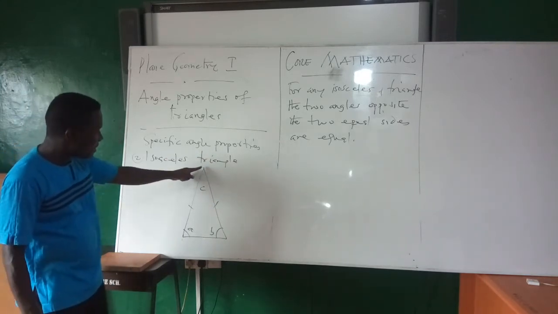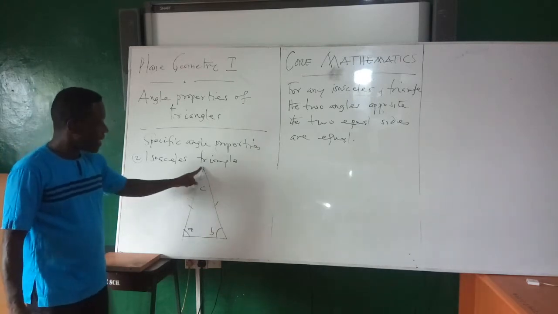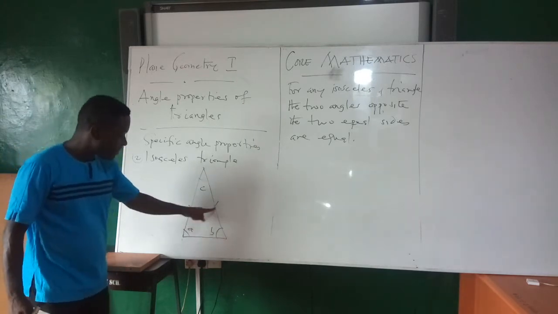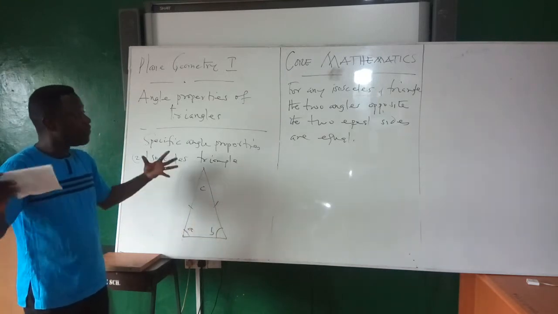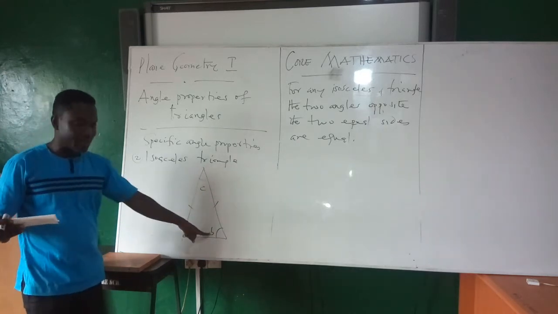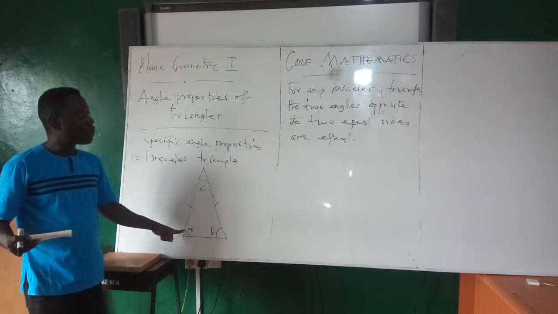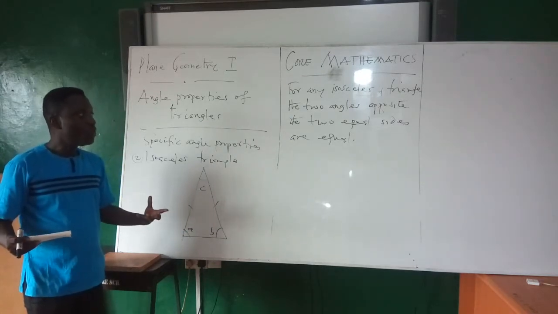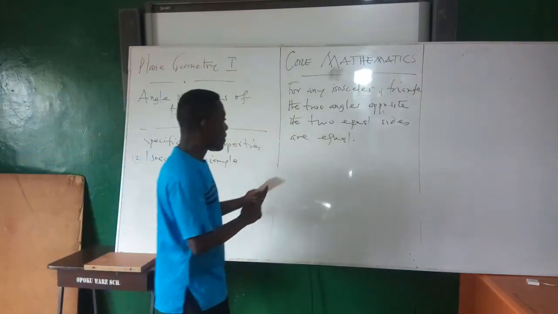If you take this side, the angle opposite is B. If you take this side, the angle opposite is A. Opposite simply means facing each other. So what angle is facing this side? It is B. What angle is facing this side? It is A. The rule says that those two angles must be equal. Very, very important.